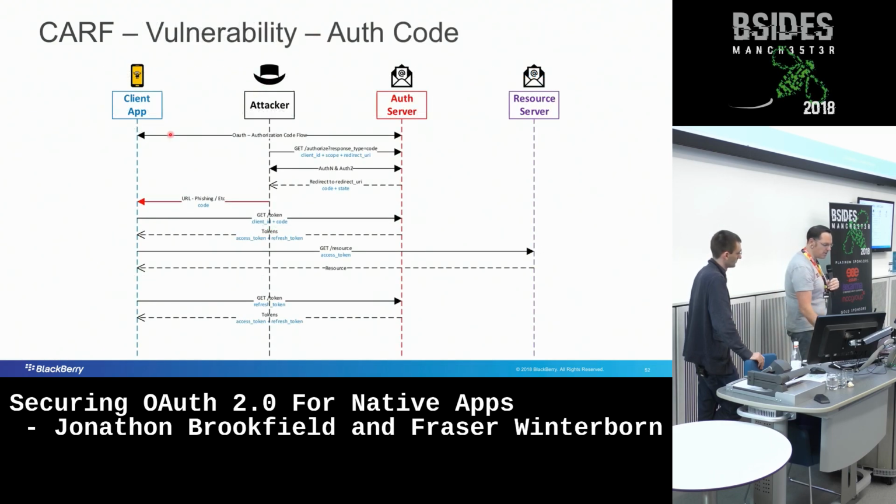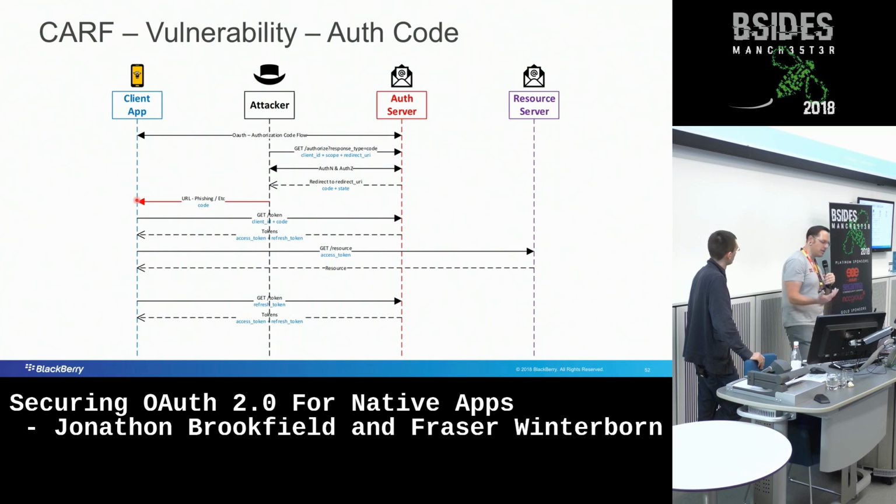In terms of what that looks like, your client app has already performed a full OAuth flow here. The attacker connects to the authorization server. They authenticate and authorize for their account. But rather than redeeming the code for tokens, they send that code to the client application.